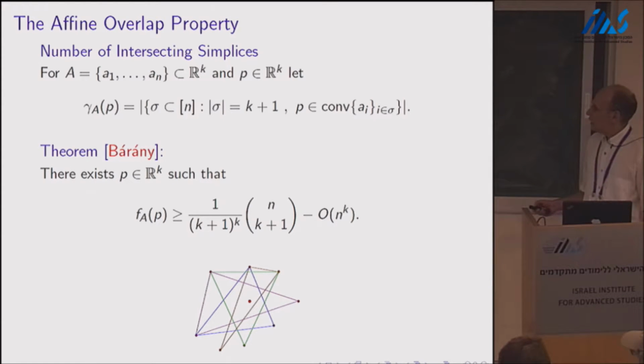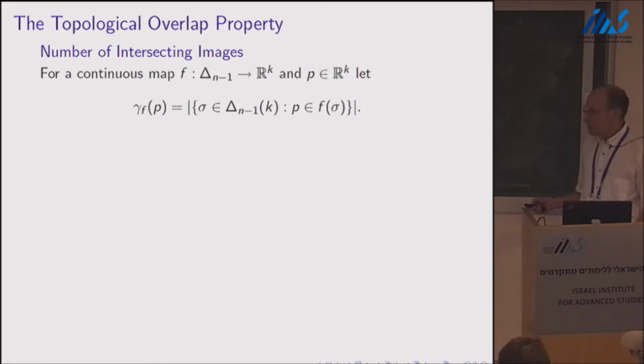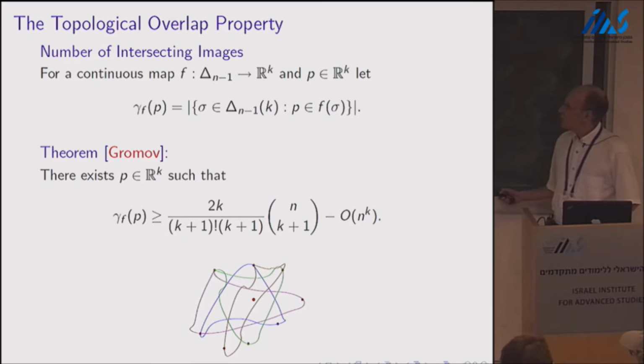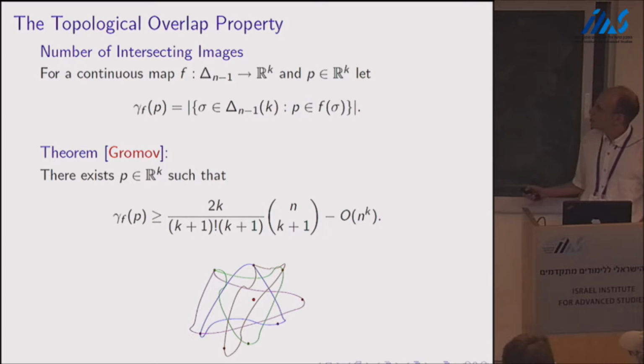and it has many very nice applications also to computational geometry. And quite recently, namely less than 10 years ago, Gromov obtained an amazing extension of Bárány's theorem to the continuous realm. So rather than just a linear map of simplices, Gromov considers a continuous map from the n-1 simplex into R^k.